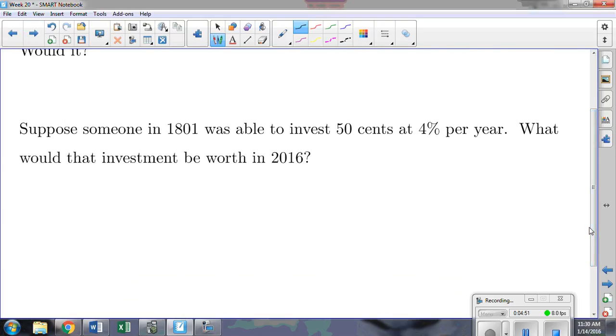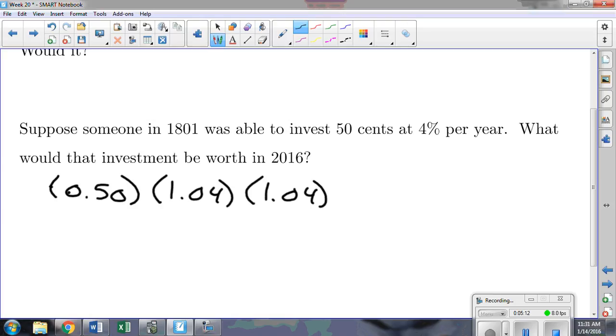Keep in mind that we're looking at this and saying the original value was 50 cents. In 1 year, it went up 4%, an increase of 4%. In 2 years, it went up another 4%.